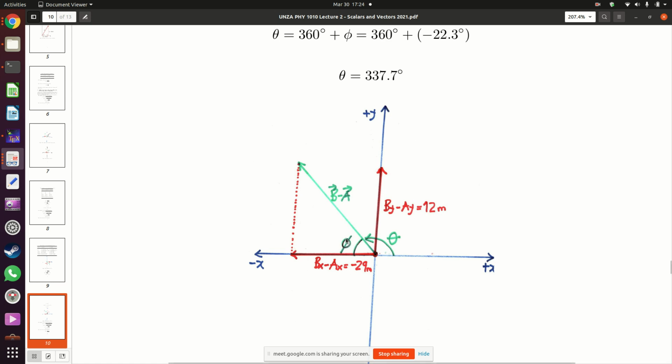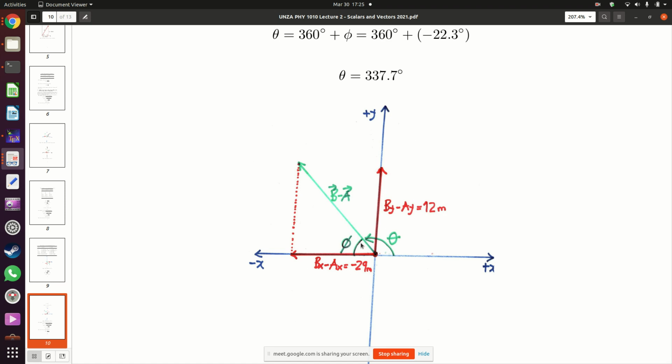So this angle phi will be measured from this negative x-axis. This negative x-axis is 180 degrees, but phi will be measured in the clockwise direction. So to get theta, because there is a matter of direction, you add phi to the 180 degrees, and you get theta.